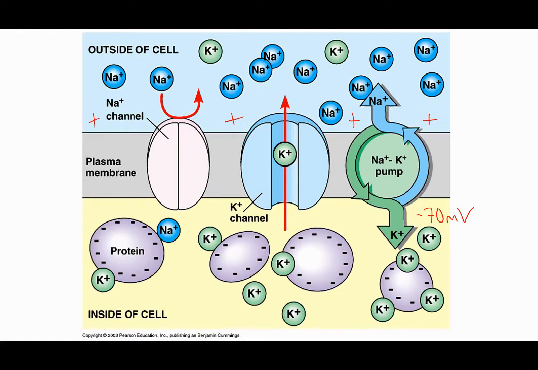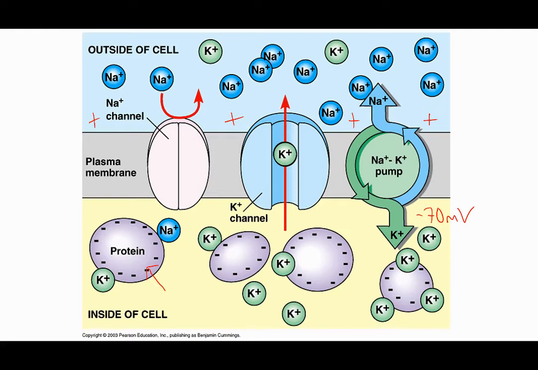The two reasons why: one, you have these large negative proteins that are inside the axon but not on the outside, and those provide a relative negative charge to the inside. Secondly, you have more positively charged ions on the outside than you do on the inside of the axon.